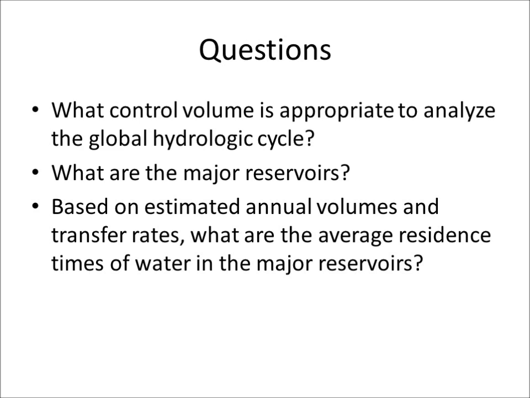So based on estimated annual volumes and transfer rates, what are the average residence times of water in the major reservoirs? They include about 2,300 years in the ocean. Again, we're looking at a typical drop of water. For groundwater, which is faster than the oceans but slower than the two remaining reservoirs, we're talking about 240 years of residence time. On the land surface, we're talking about a century, and in the atmosphere, substantially less than 1 year.